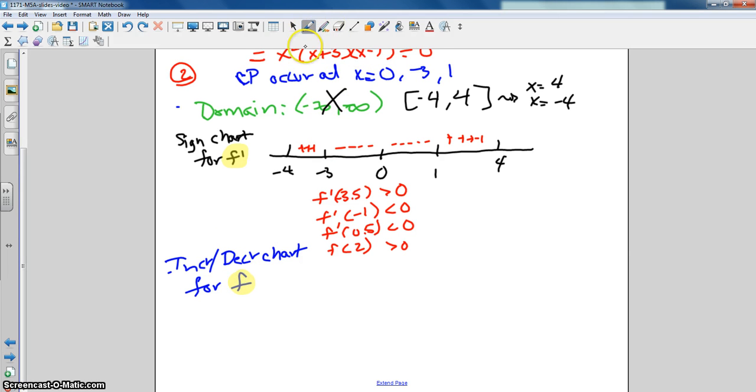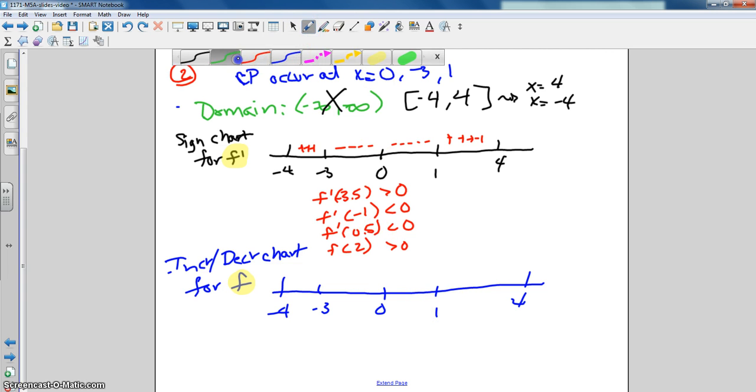Remember, if the first derivative is positive, that means it's increasing. So I'm going to make my number line going from -4 to 4, and put my other numbers on there, -3, 0 and 1. Between -4 and -3 it was positive, so I am increasing, and then between -3 and 0 it was negative, so it's decreasing, decreasing, and then increasing.